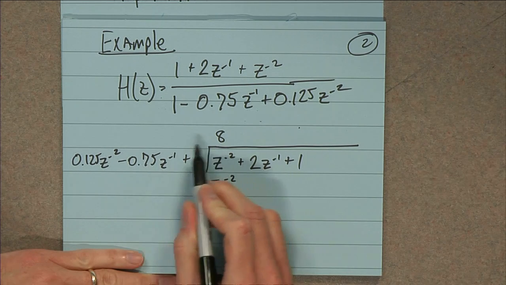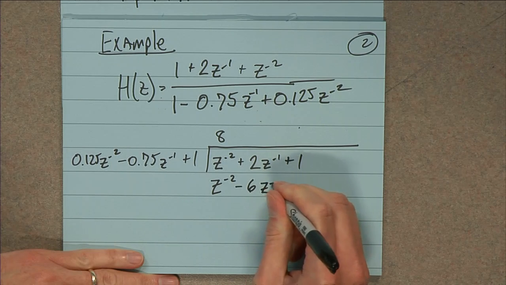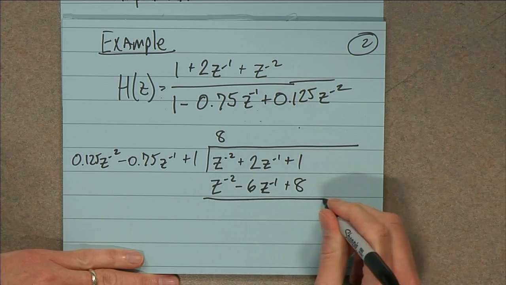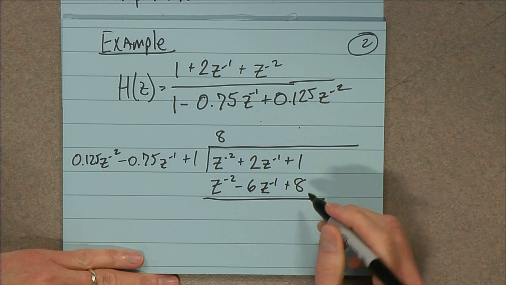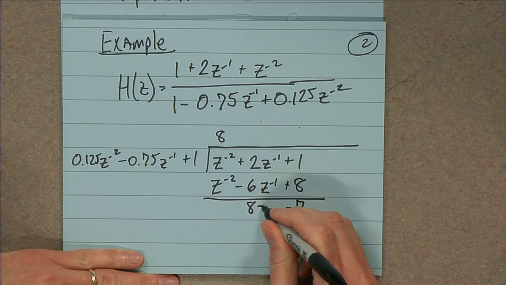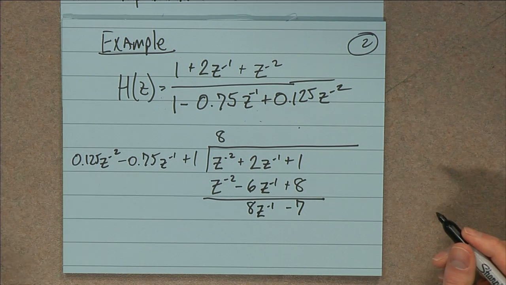So that's 8 times 3 is 24, over 4 is 6, so that's minus 6 z inverse. 8 times 1 is 8. So 1 minus 8 is minus 7, 2 minus negative 6 is 8. So we end up with that as leftover.